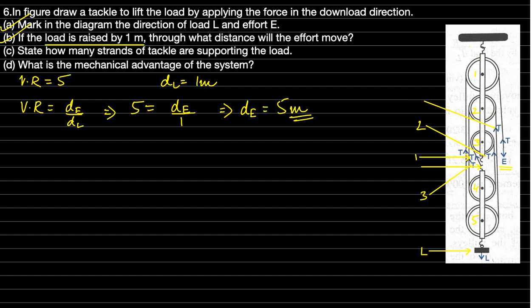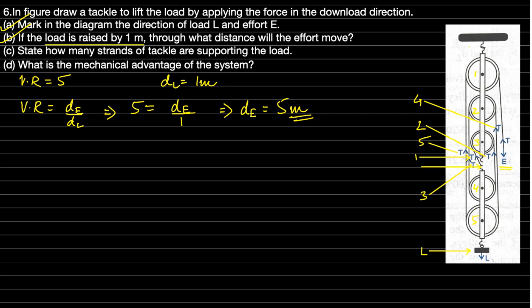So I would write 4 here. And after the fourth one, the last one is going to be this one, that is going from pulley 5 to pulley 1. So this is going to be our fifth tension.